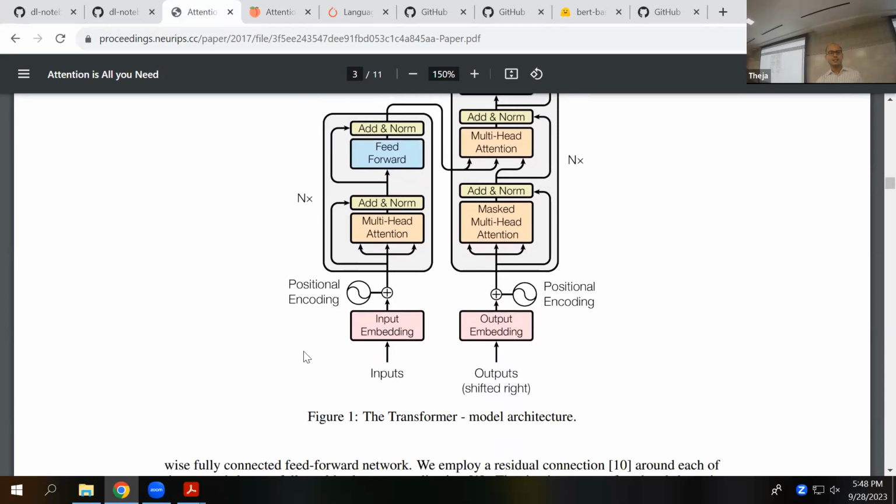Obviously, if you read it for the first time, you may see some friction, but these people have been working on this for some time, so it's not suddenly a new idea that came out. They have been trying out all sorts of iterations, and that's where they converged on some block which they could repeat, just like a conv layer. Once you converge on a conv layer block, you can repeat it many times. Same with RNN or LSTM or GRU type of blocks.